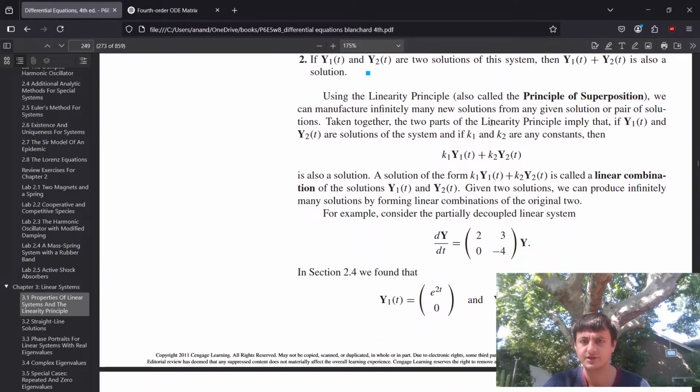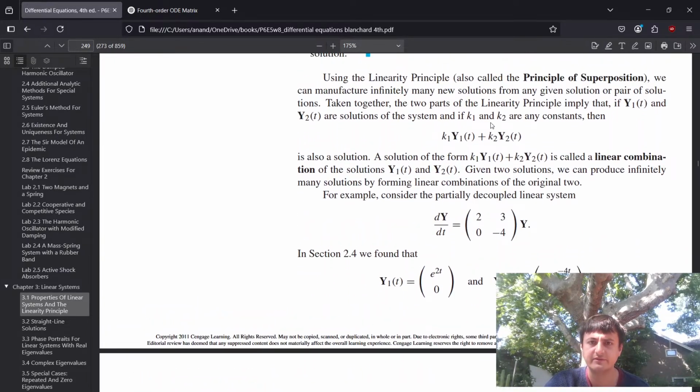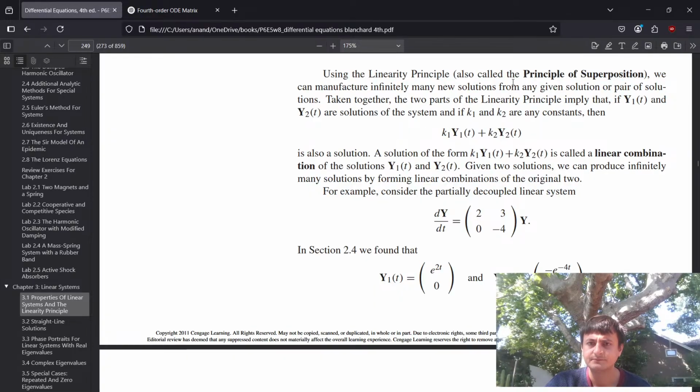And so then you get all of the vector space stuff called the principle of superposition. Okay, so taken together, the two parts say that a solution of this form is called a linear combination of the solutions y1 and y2.